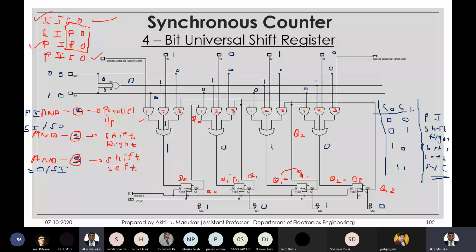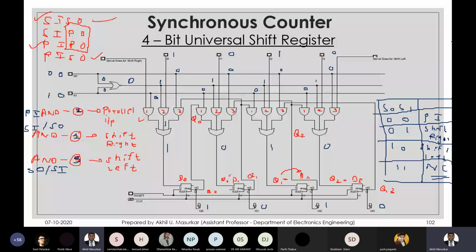Parallel in, shift right, shift left, and no change. Yes, any doubts in this? So you can see the AND gates facilitate choosing a specific function during operation. So that is what this shift register is all about.